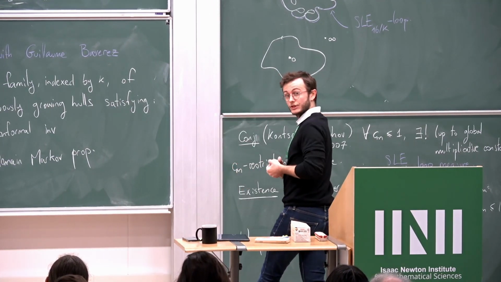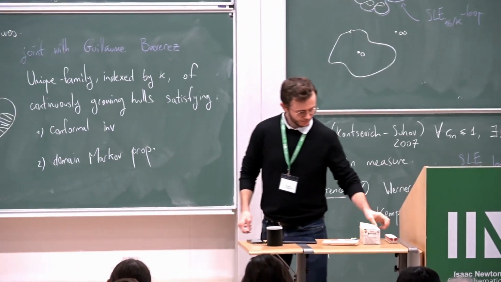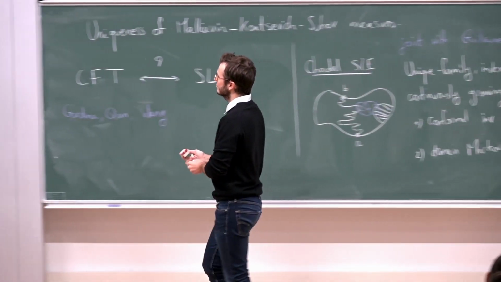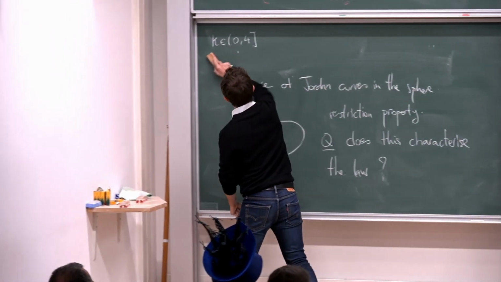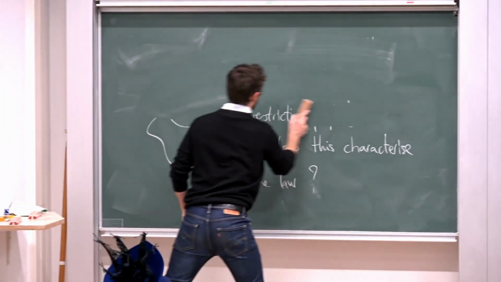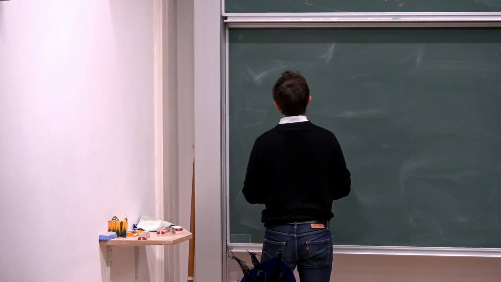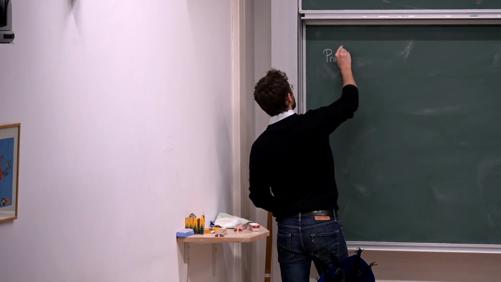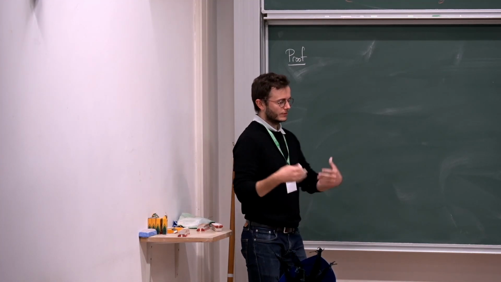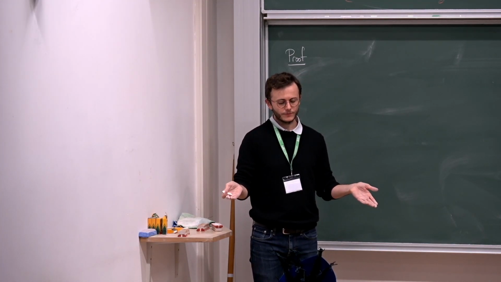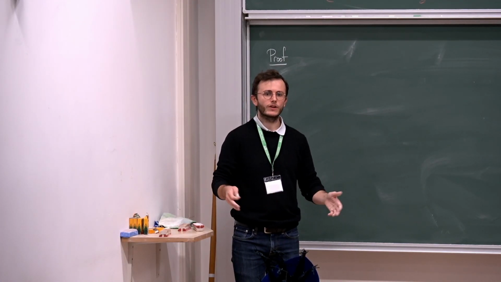Okay. So now I will try to say a few words about the proof. From this restriction property, I will take any CLE restriction measure, and I want to show that it is uniquely characterized by something.